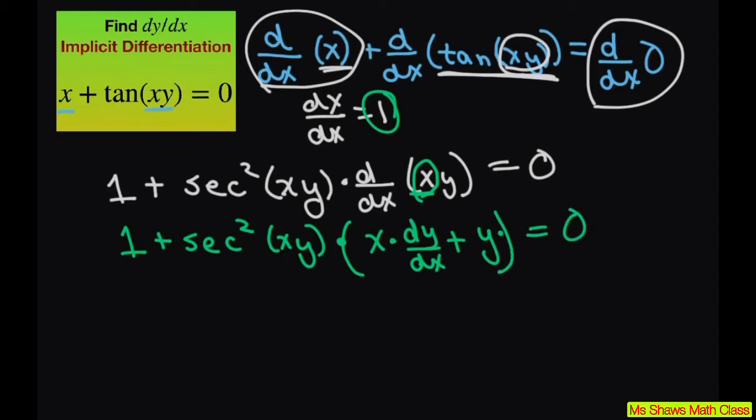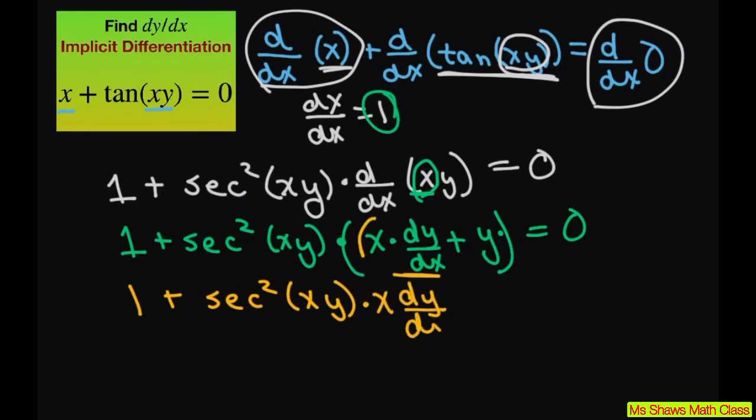Since we have this dy dx, let's distribute. We have 1 plus secant squared xy times x dy dx plus secant squared xy times y equals 0.